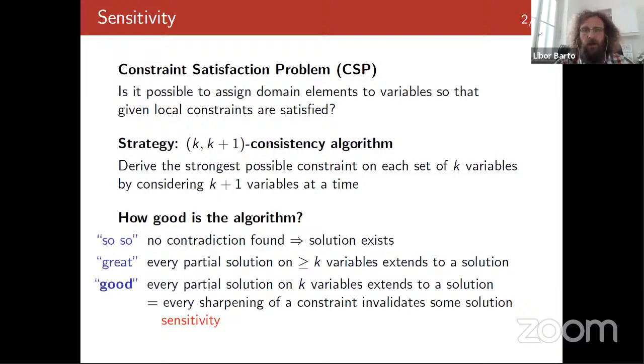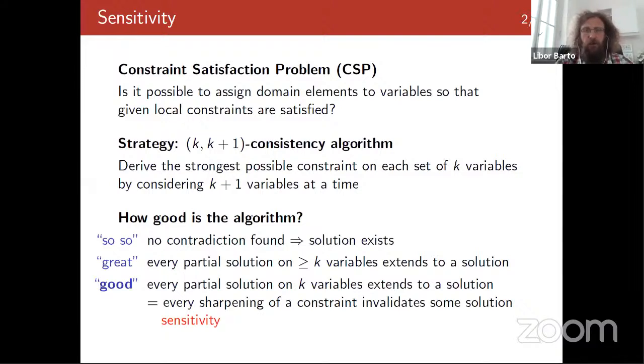So here are like 3 levels we can have. I call the algorithm so-so if it actually can detect whether the solution exists. So then k+1 consistency procedure can be used as a decision procedure for the CSP.